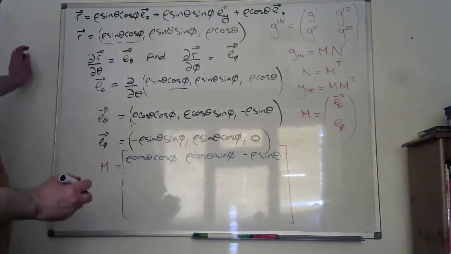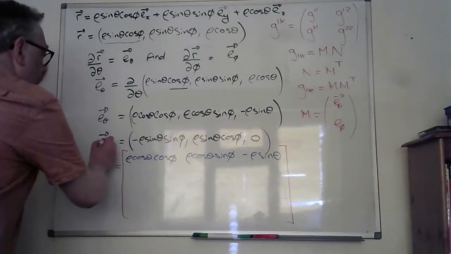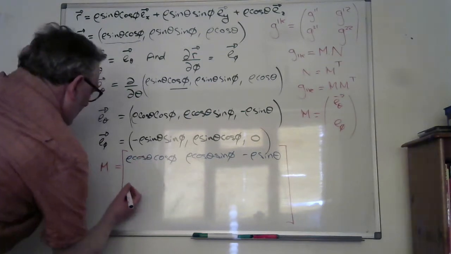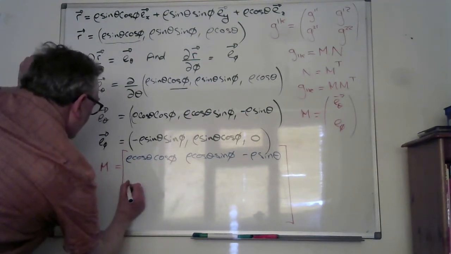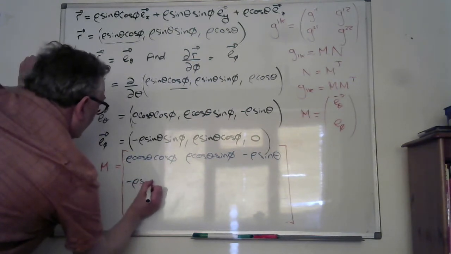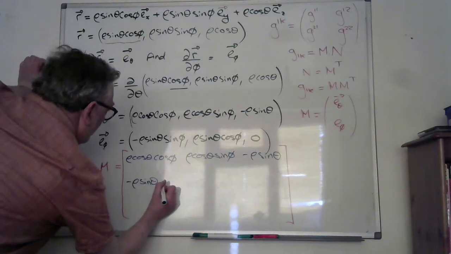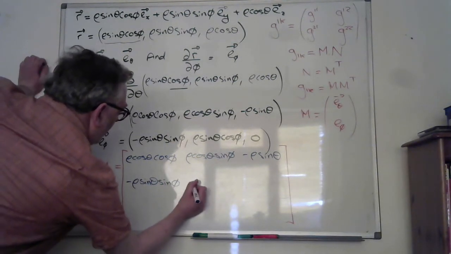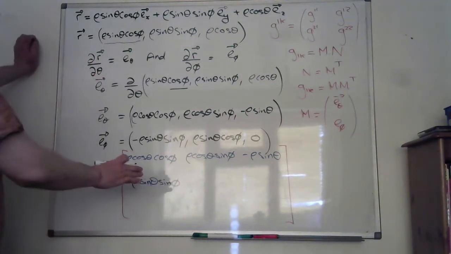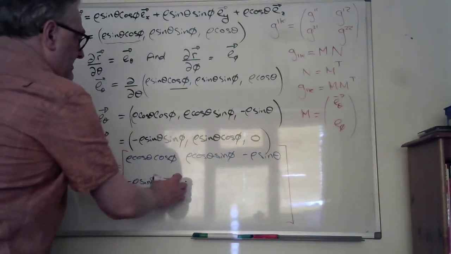And then we write down E phi. So what we've got here is, I'm drawing the matrix too big, but never mind, gives us plenty of room. Minus rho sine theta sine phi. Leave a gap. You don't need to put a comma in because it's a matrix now.